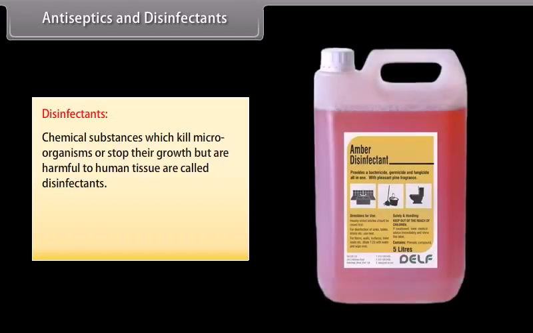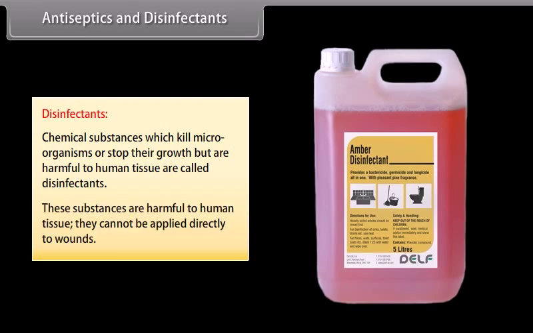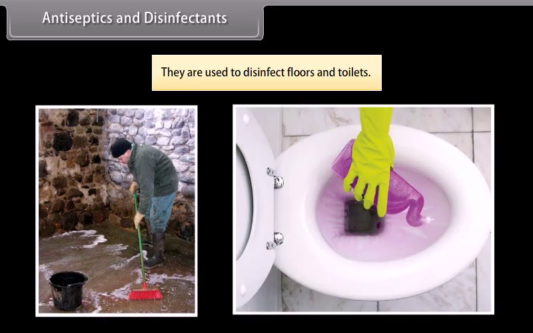Disinfectants. Chemical substances which kill microorganisms or stop their growth but are harmful to human tissues are called disinfectants. They cannot be applied directly to wounds. They are used to disinfect floors and toilets, for example, phenol, sulfur dioxide, and chlorine.